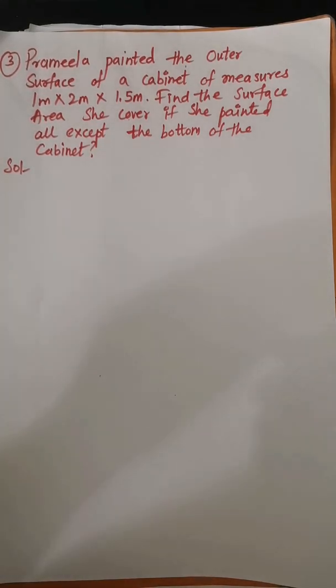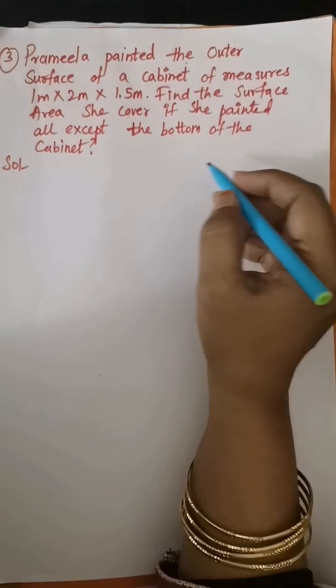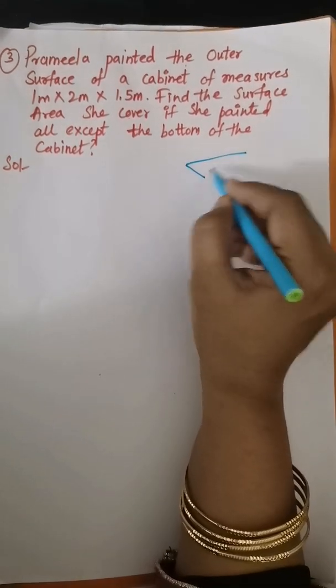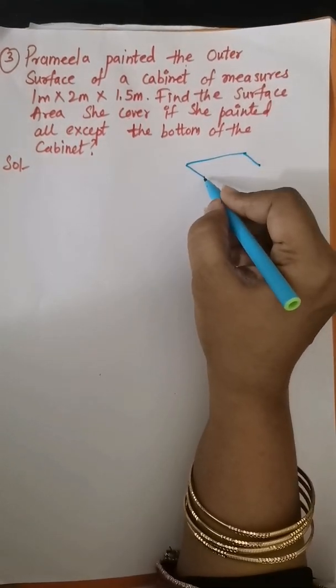So try to understand this question first. It is given that Pramila painted the outer surface of a cabinet.